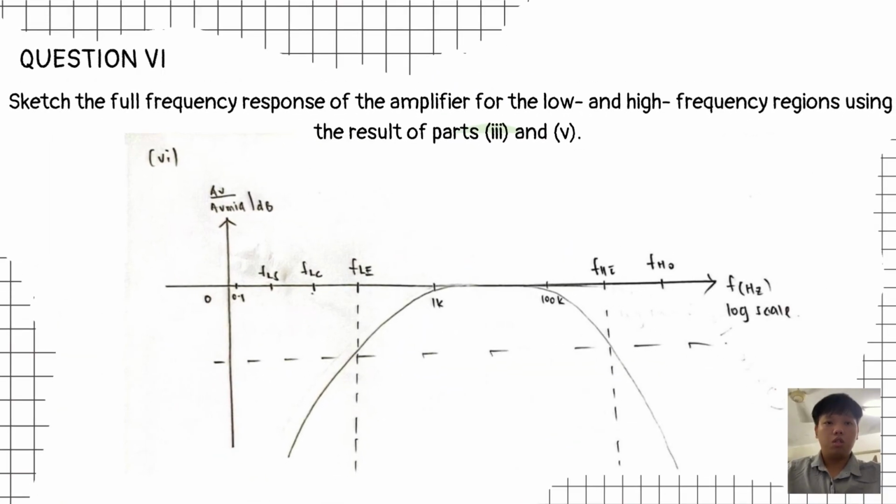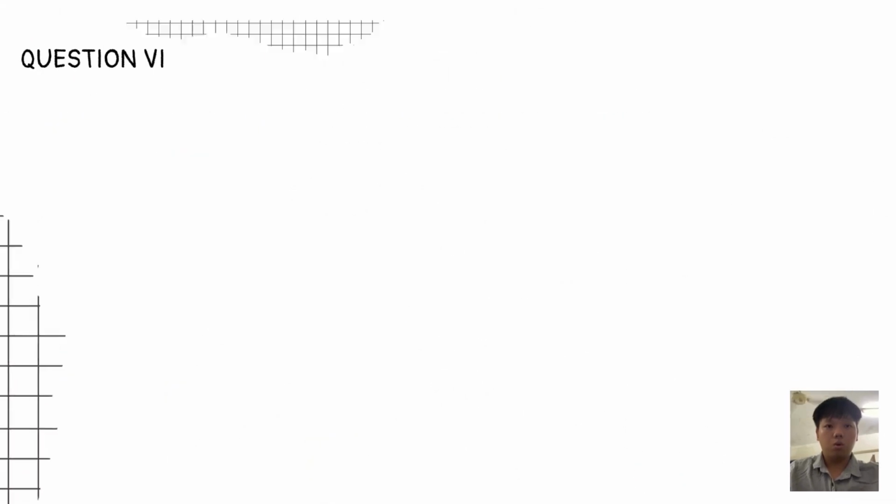For question 6, we are asked to sketch the full frequency response of the amplifier for the low and high frequency regions using the results of part 3 and part 5. We just combine these two parts and the graph becomes like this, an N shape.